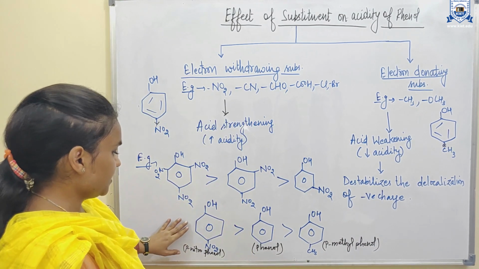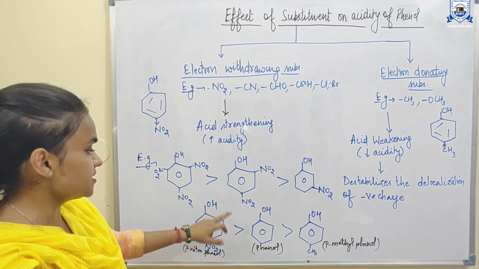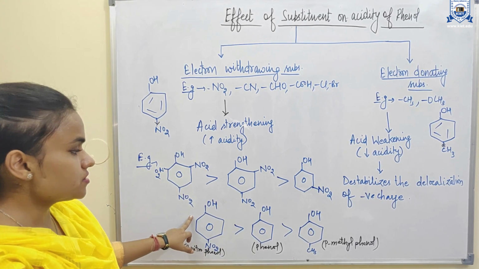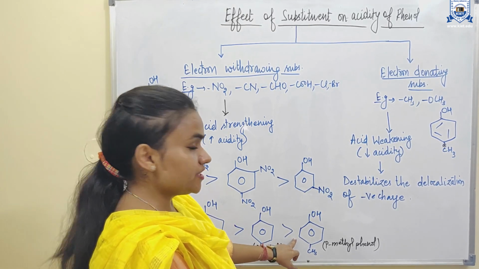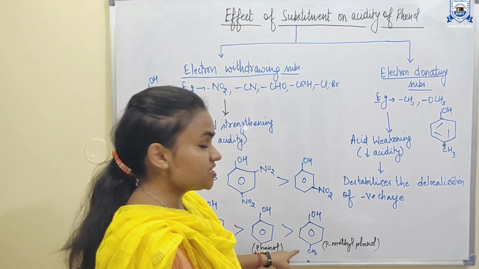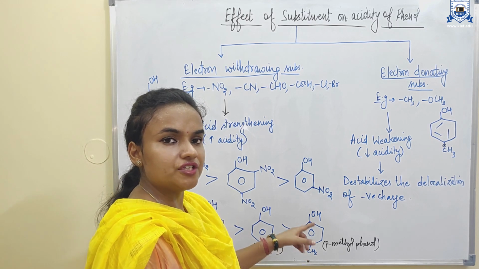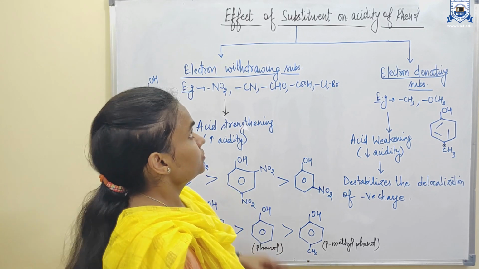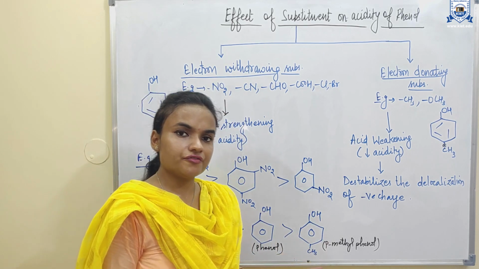Because in case of para-nitrophenol, the nitro group is an electron withdrawing group which increases the acidity of the phenols, so it is more acidic than phenol. And para-methylphenol is less acidic than phenol because the methyl group is an electron donating group which decreases the acidity of the phenols. So this is all about the effect of substituent on the acidity of the phenols.